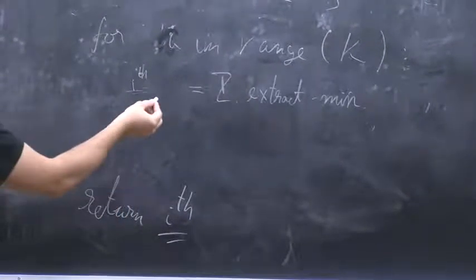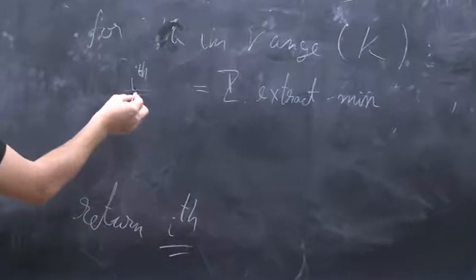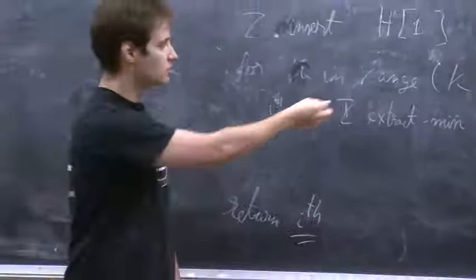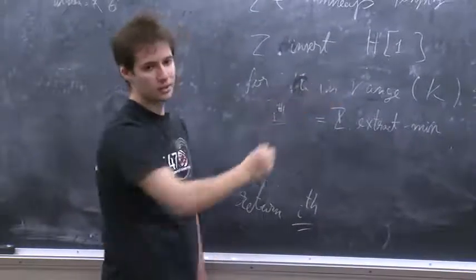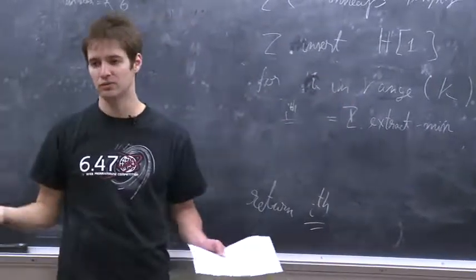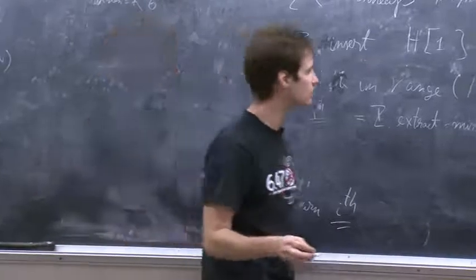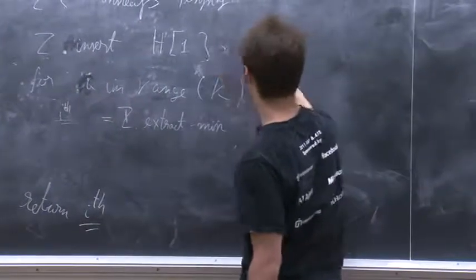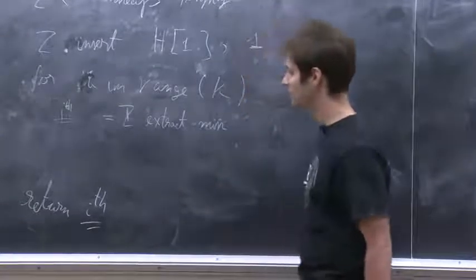So I return it and I'm done. The problem is I want this guy's index too, right? So I can't just store the key in the heap. I have to augment the heap to let me store values, and I have to store the index. So for this guy, I would have z insert h of 1 and then its index 1.